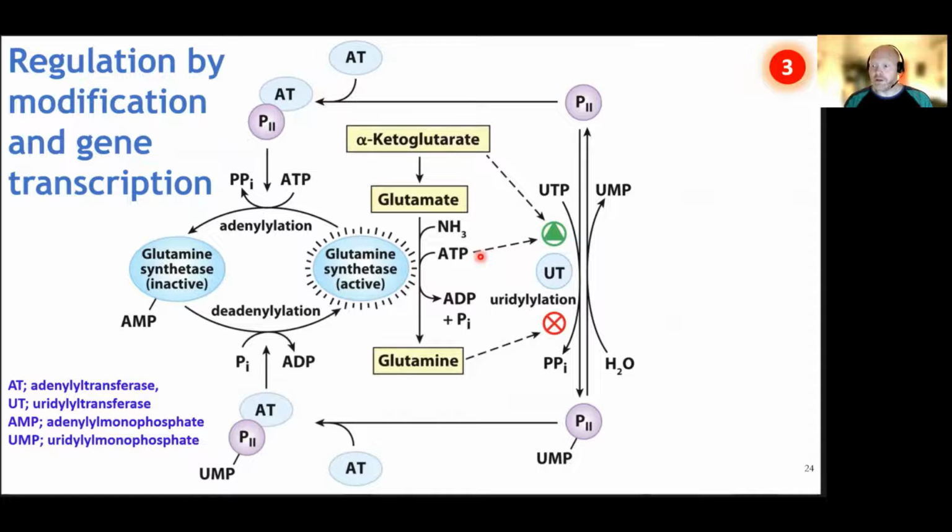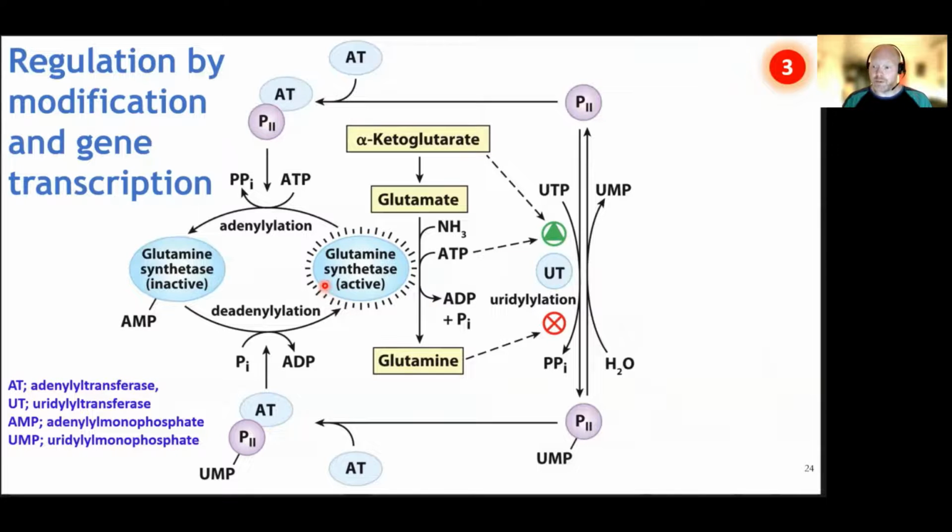Uridylyl transferase is inhibited by glutamine and inorganic diphosphate, PPi. Conversely, it is stimulated by the binding of alpha ketoglutarate and ATP. This binding is to the P2 protein, not directly to uridylyl transferase.